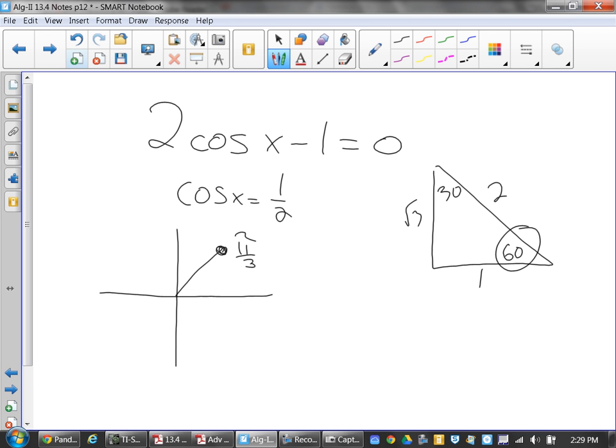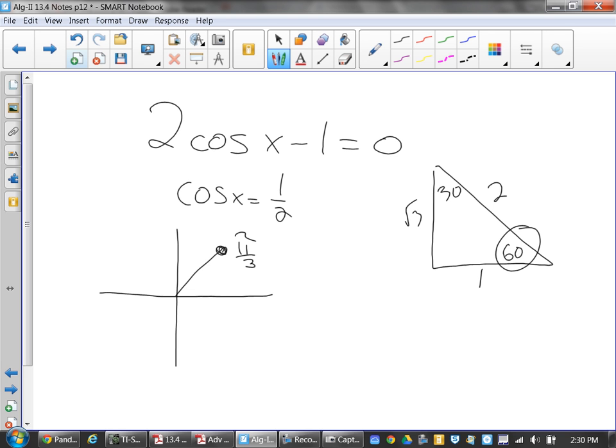When we solve equations as well, it's only going to be built out of our two triangles, so that'll be helpful. What other quadrant is cosine positive? Well, I haven't said yes to either the second or the third, so where is it going to be? Fourth, because it's the x values.